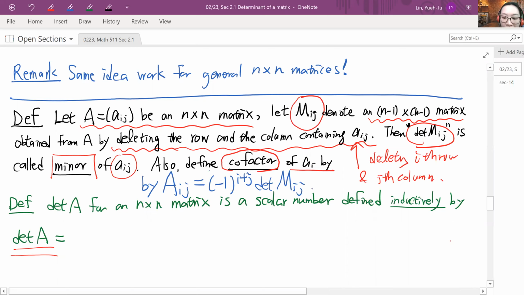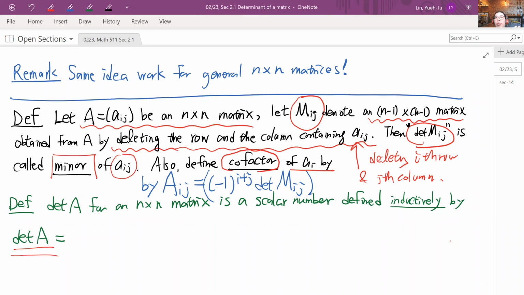It looks a bit scary, but if you think about it, not only do we need the determinant of this submatrix, I just told you that there's an alternating sign issue: plus, minus, plus. You can see this -1 to the i plus j power is exactly for this alternating sign purpose. So the alternating sign is already included in this capital Aij.